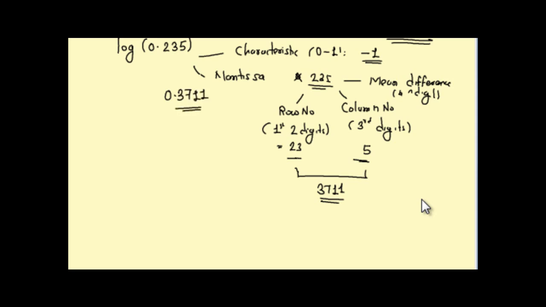Now the log of 0.235 is equal to -1, that is the characteristic, plus 0.3711. This is the mantissa.